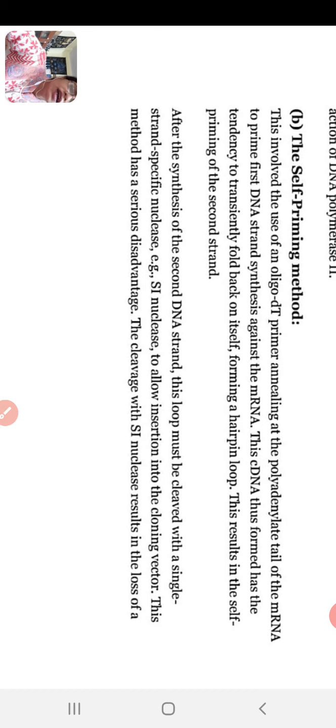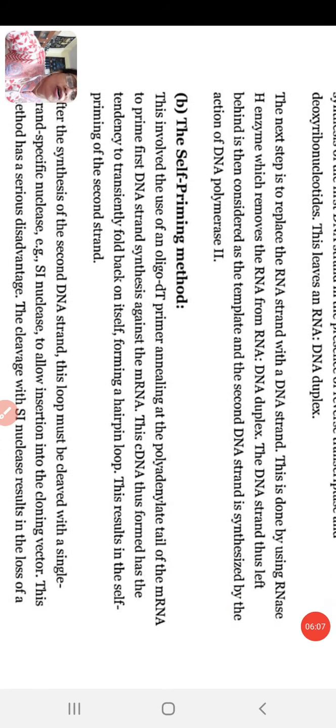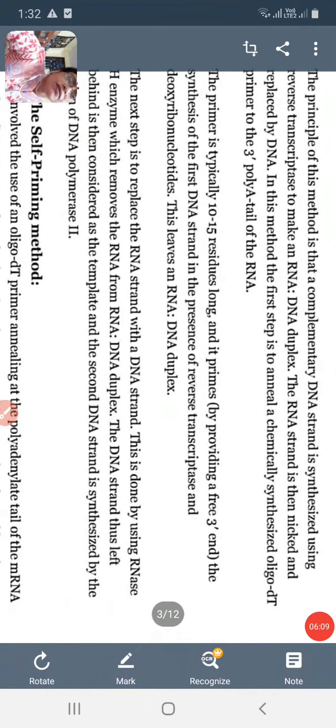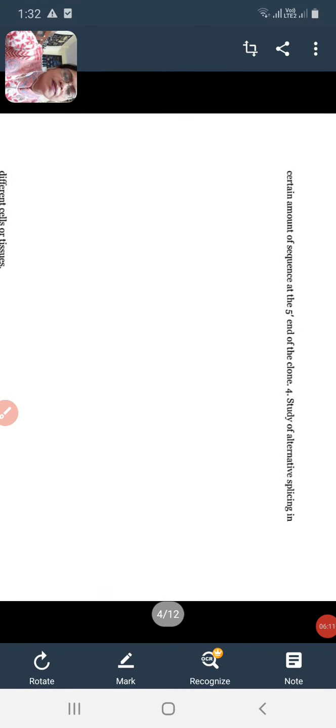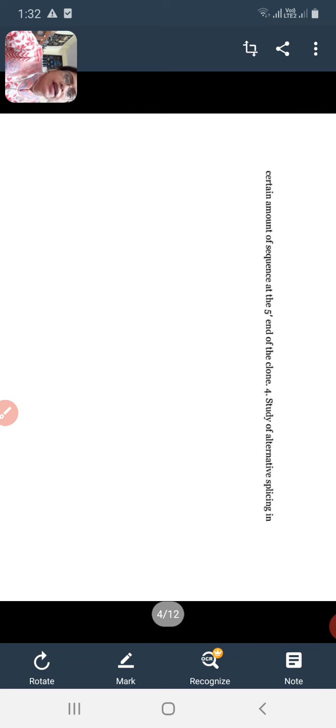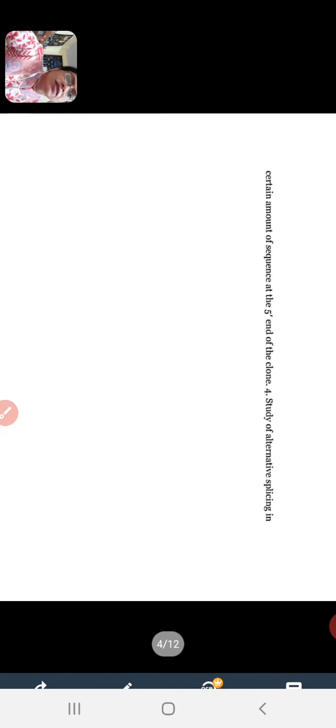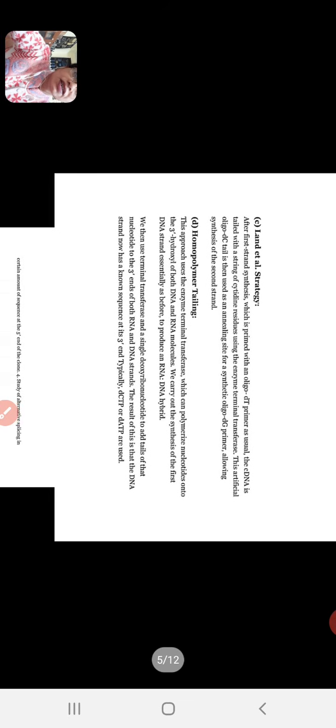This method has a serious disadvantage. The cleavage with S1 nuclease results in the loss of a certain amount of sequence at the 5' end of the clone. Next is the Okayama and Berg, or Gubler and Hoffman, strategy.